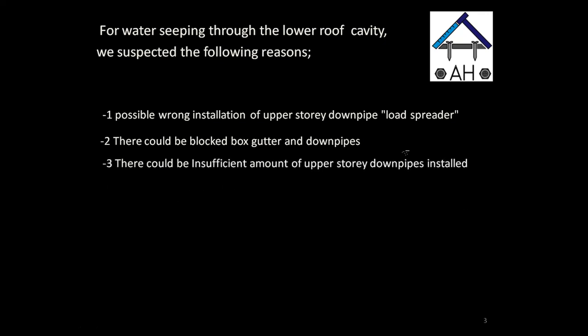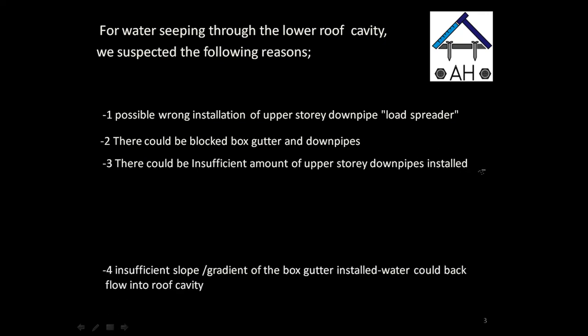Number 2, there could possibly be a blocked box gutter and downpipes as well. A blocked box gutter or downpipe would cause water to overflow into the roof cavity. Number 3, there could be an insufficient number of upper story downpipes installed. That also could cause water to overflow.